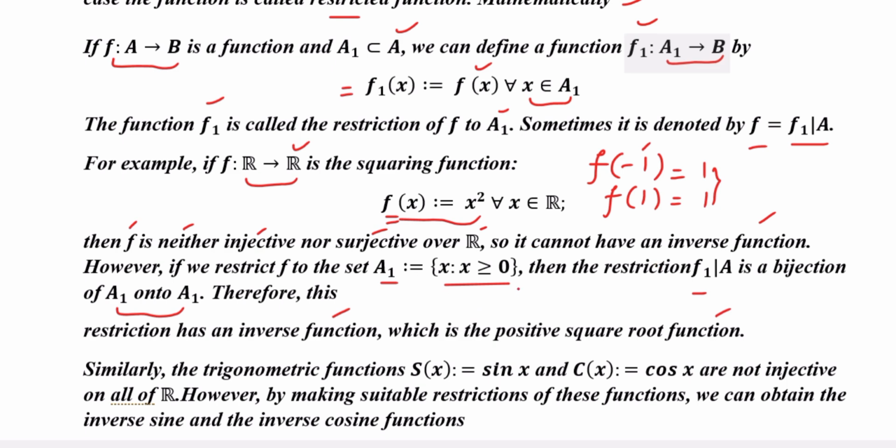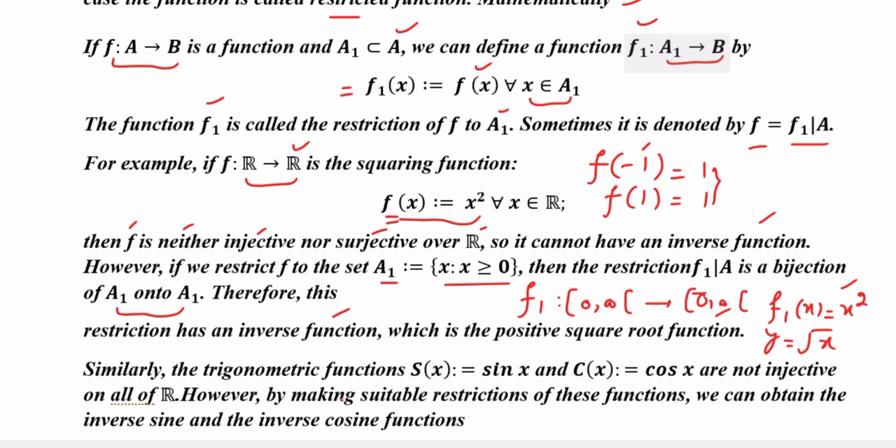If we define a new function f1 from non-negative real numbers to non-negative real numbers such that f1(x) is equal to x square, now this is a bijective function and its inverse function exists, that is simply the positive square root.